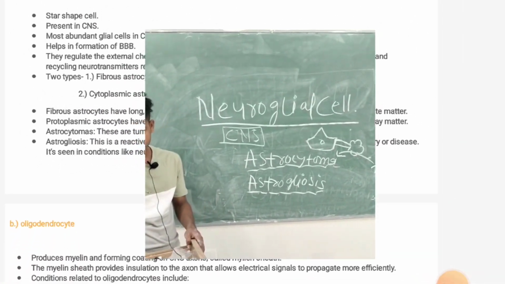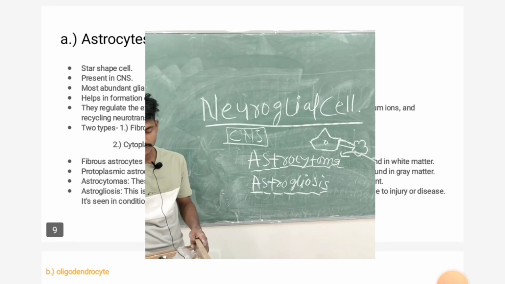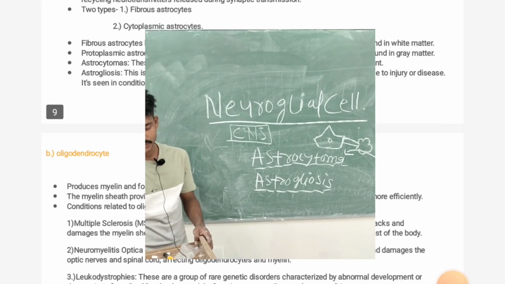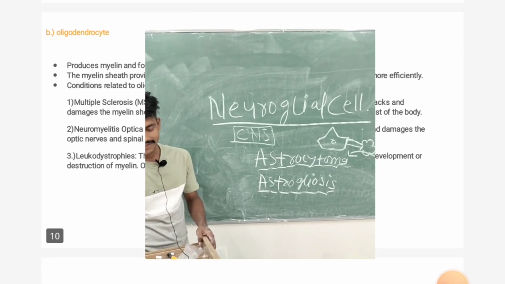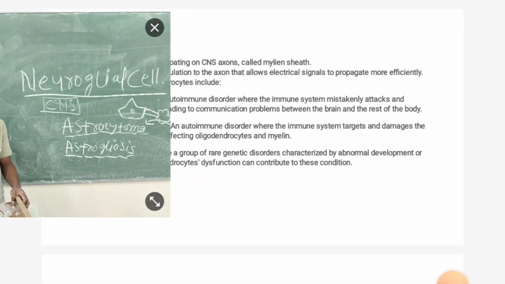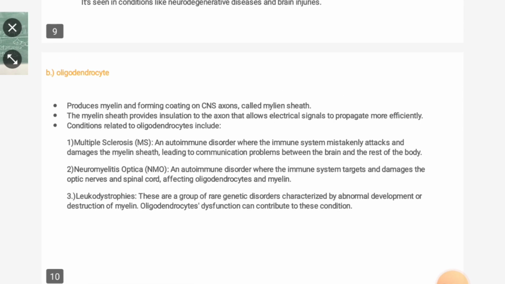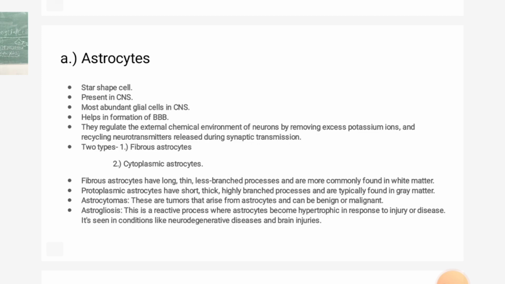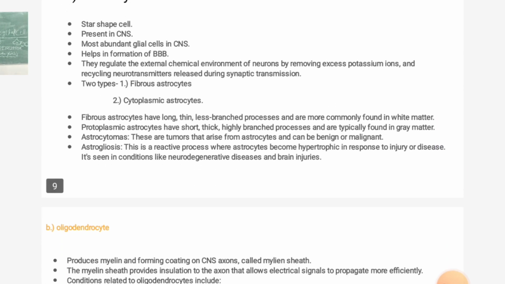Clear? Till now we have discussed two types of cells. First is the oligodendrocyte, second is the astrocyte. They are the neuroglial cells present in the central nervous system. Now, the third cell we will discuss in the central nervous system is called the ependymal cells. Clear?